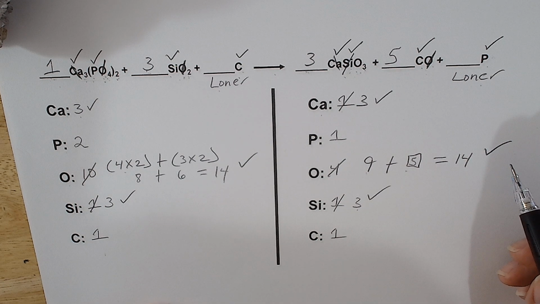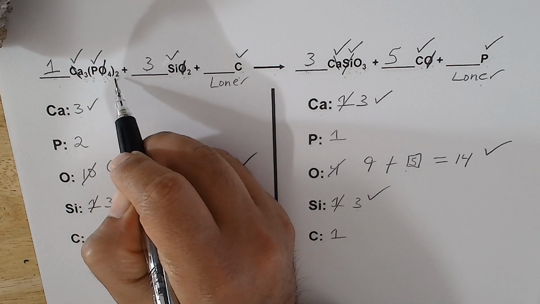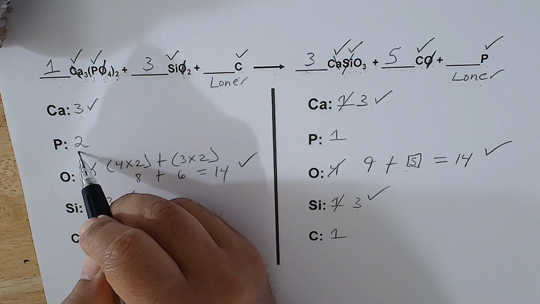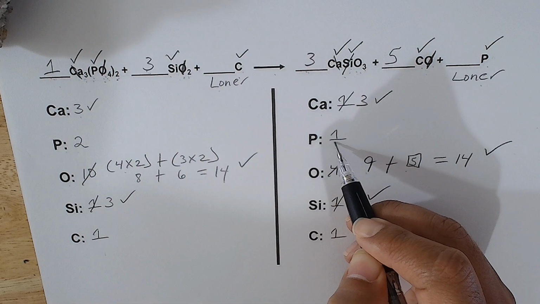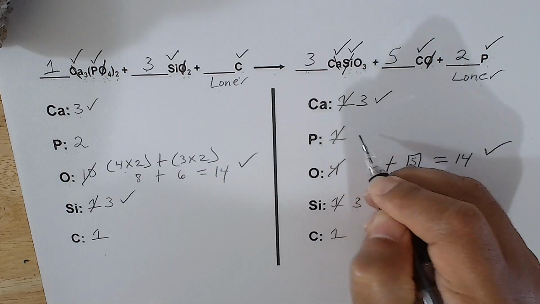So at this point, do we have any other elements that have closed out? Of course. Phosphorus has closed out with 2 because 2 times 1 gives me 2. So therefore, I need 2 over here. So I'm going to come here and write a coefficient of 2.